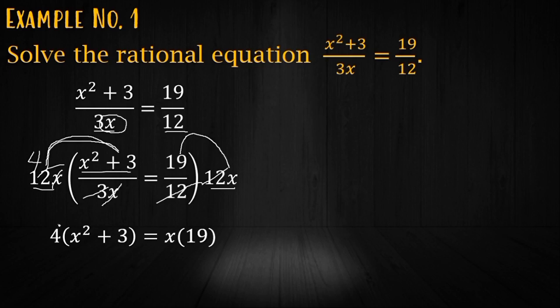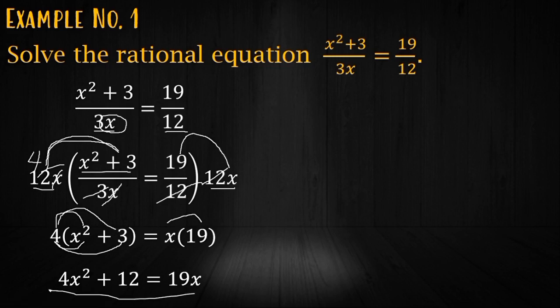And then next, we have to distribute this so that we can remove the parentheses and simplify both the left and the right side of the equation. So 4 times x squared is 4x squared. 4 times 3 is 12. Copy the equal sign. 19 times x is 19x.